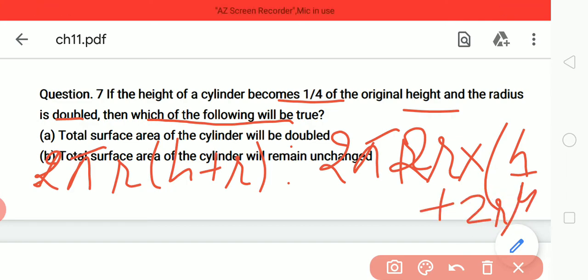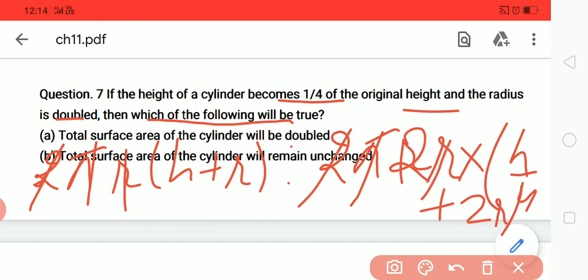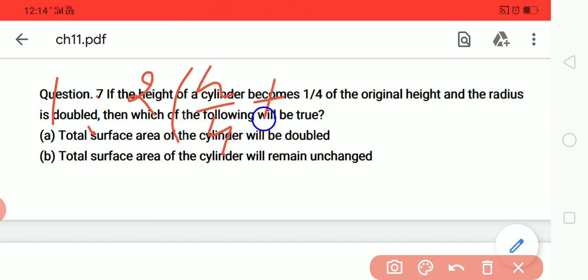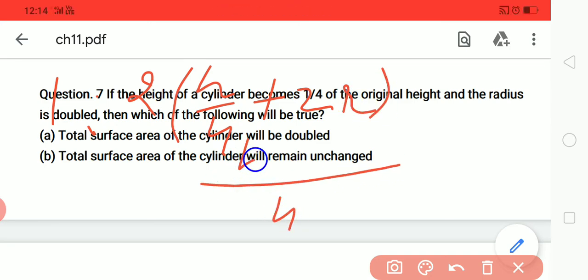So 2 cuts with 2, pi with pi, r with r. What remains is 1 on the left-hand side, that is the original, and on the other side 2 into (h/4 + 2r). You can take 4 as the LCM.